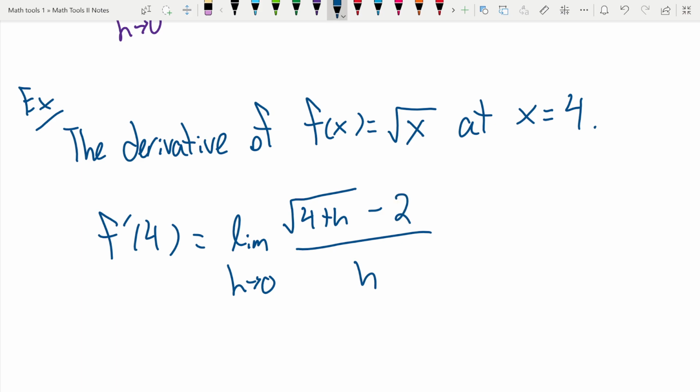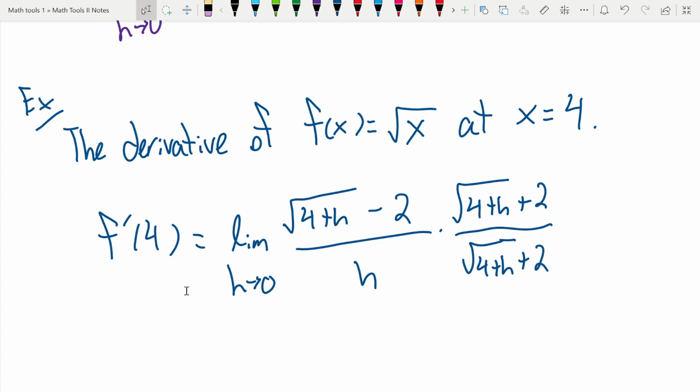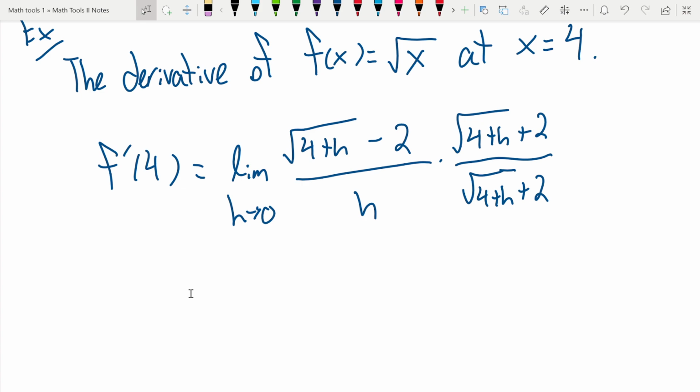So if you remember how we would approach a limit like this, we would multiply by the conjugate in order to make something happen with that square root. Okay. So these were all covered in Math Tools 1. If you didn't take that course, there will be a link to a playlist of all the videos in that course that are hosted on YouTube as well, if you want to review any of those.